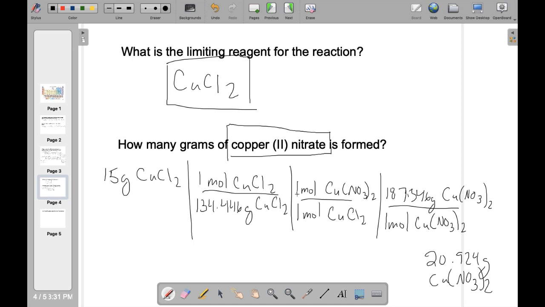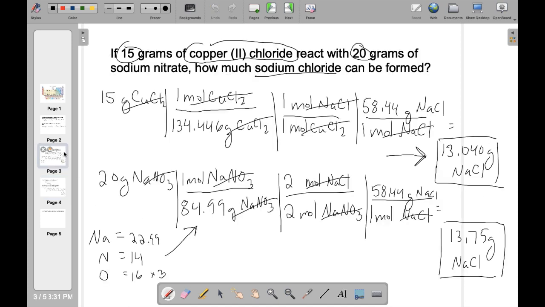Let's go back and review really quick what we did. So far, we had to do 2 mass-to-mass stoichiometry calculations. We did that with the 2 masses that were given, and we found out how much of the product we were looking for in each case. We found the smaller number out of those products, and we assigned that compound as a limiting reagent.